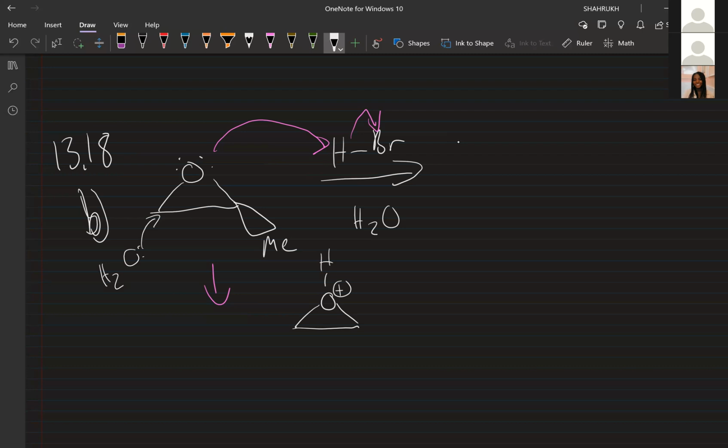When you have a full-on negative charge, it's going to be hunting for anything that's partially positive. Here, technically, you just have partially negative and partially positive, so that kind of electronic attraction is not strong enough for a reaction.